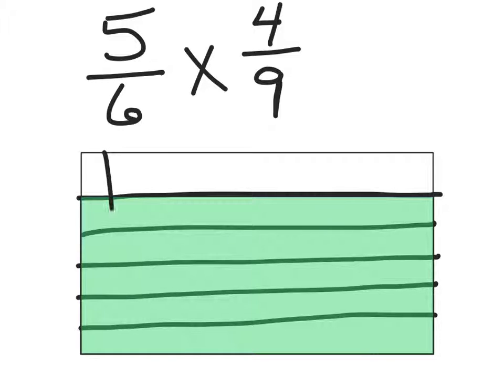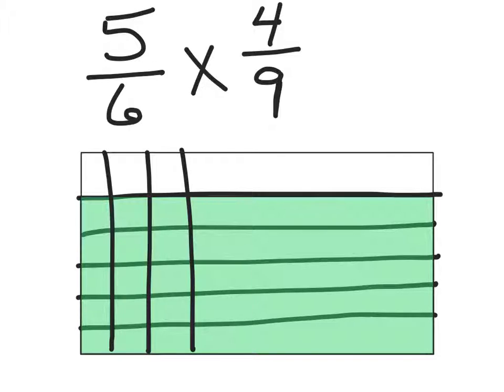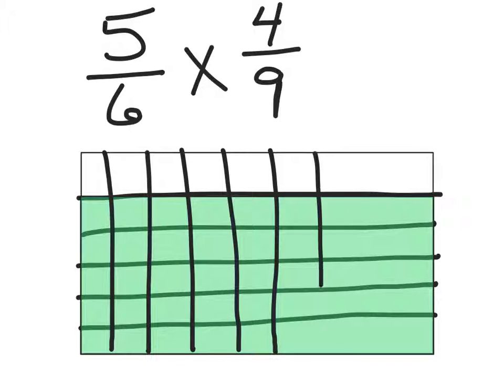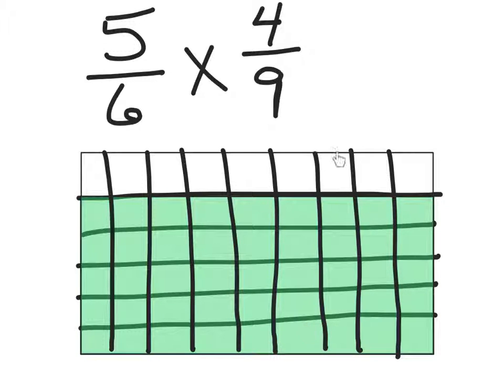So here we go. 1, 2, 3, 4, 5, 6, 7, and 8 lines should give me 9 parts. 1, 2, 3, 4, 5, 6, 7, 8, and 9.